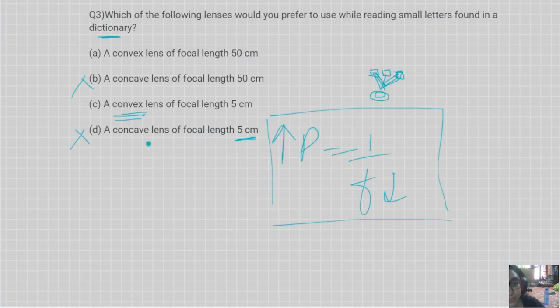Sorry, this is the concave one. So focal length of 5 centimeter. So basically, this is our option. Convex lens of focal length 5 centimeter. So we have to first find the converging lens, and then look for the smallest focal length, because lesser the focal length, more is the power of the lens. Okay.